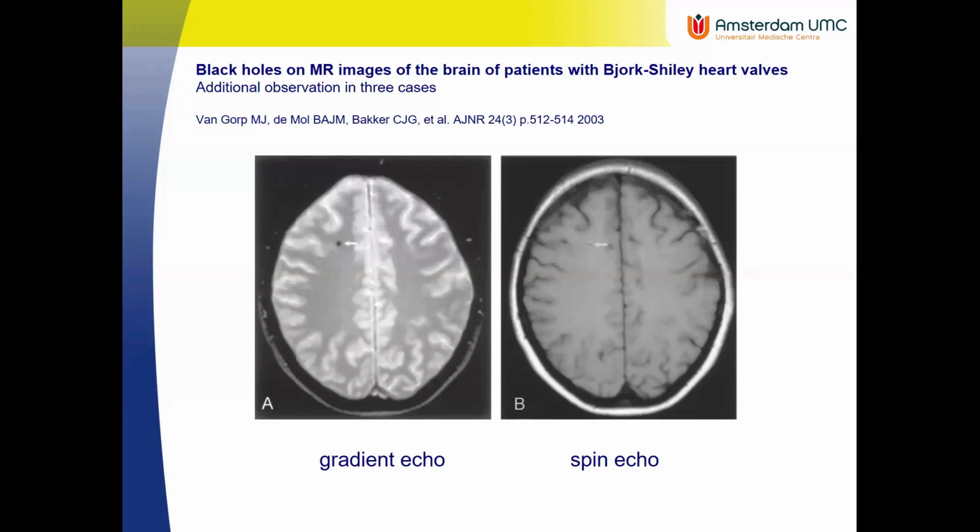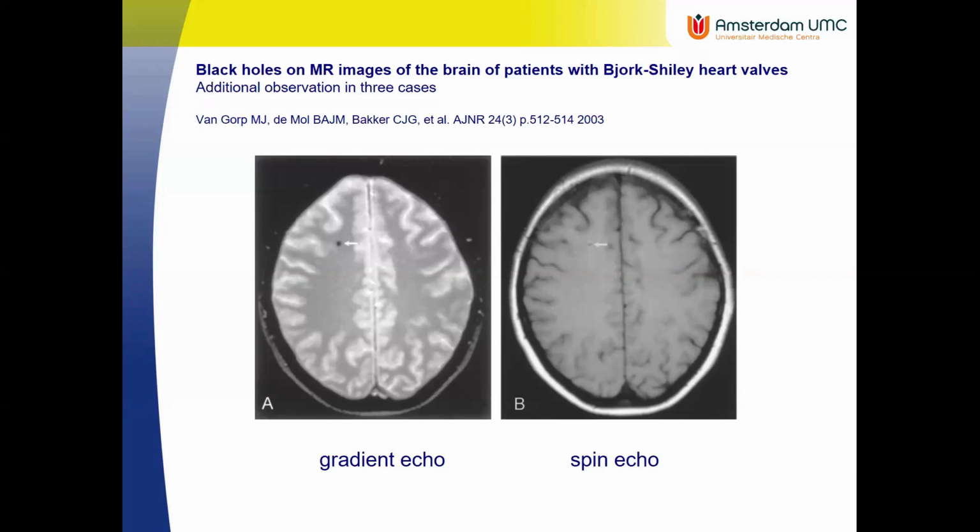So a tiny bit of metal broke, got into the circulation, and it's pumped around, and then it got stuck in the brain in a tiny vessel, and it was detectable by the gradient echo.